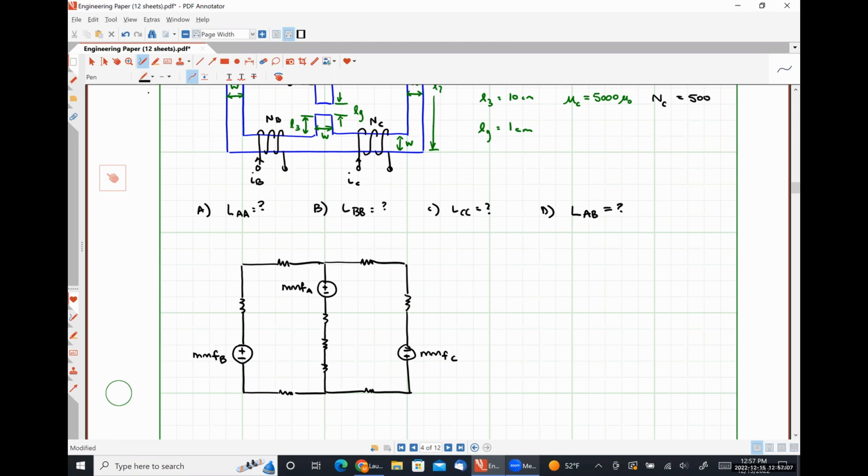Now let's label all of these reluctances. Let's call them R top left, R top right, R left, R right, R top middle, R gap or RG, R bottom middle, R bottom left, and R bottom right.